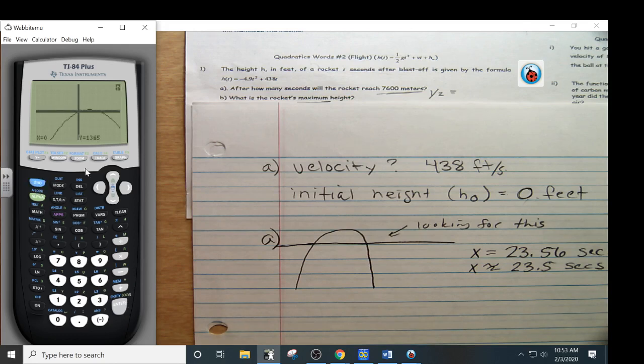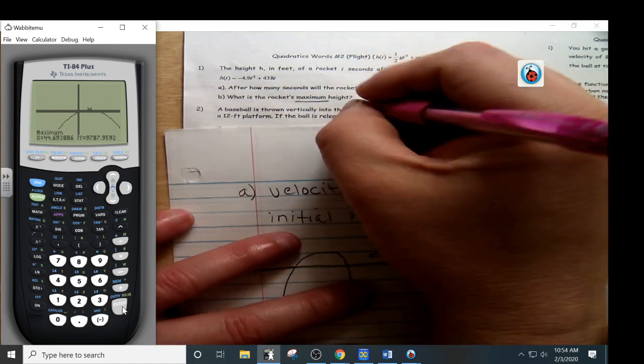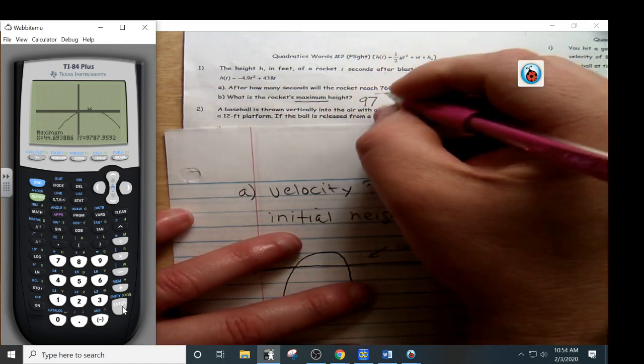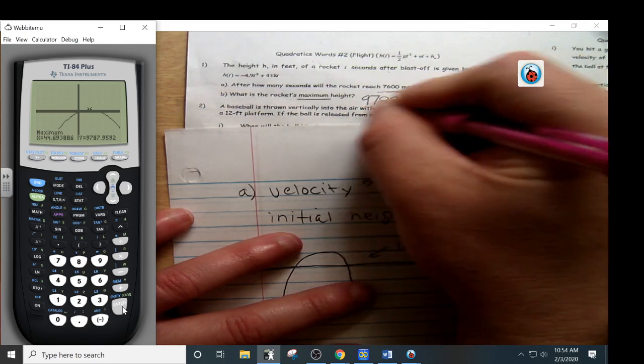Okay, so now, second trace, maximum. Press enter, right bound. Press enter, guess. Now, it wants to know what the rocket's maximum height was. 9,788 feet. We rounded up.